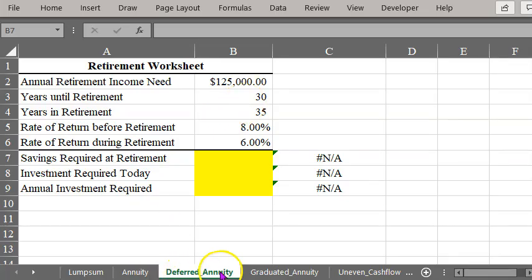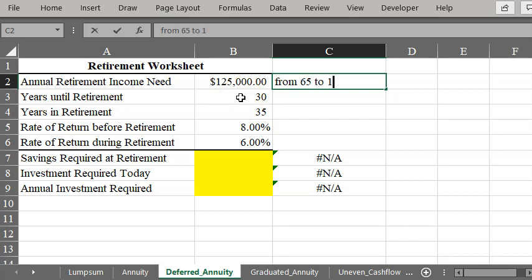Okay, this is the deferred annuity problem. All these things are already filled for you. Annual retirement income need is $125,000 from 65 to 100 years. Years until retirement is 30, from 35 years to 65 years.